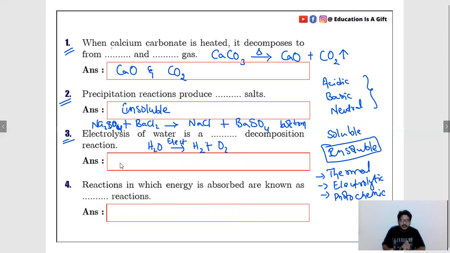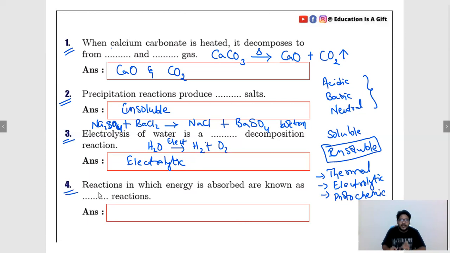So answer is electrolysis of water is an electrolytic decomposition reaction. They may ask question, give one example for electrolytic decomposition, or they may ask electrolysis of water is what type of reaction. So for 1 mark we can answer like this.